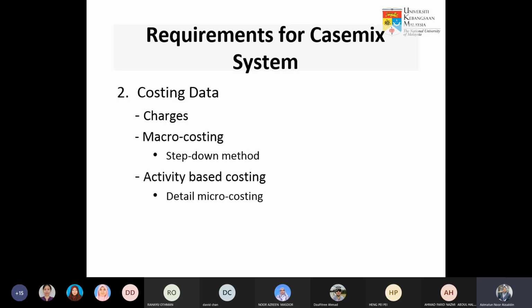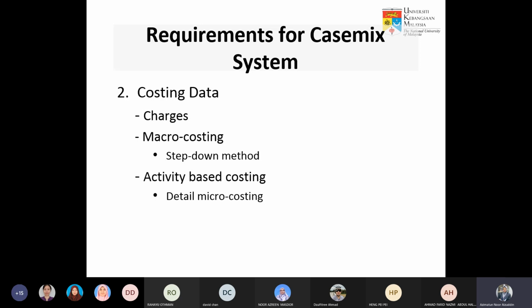Next data, of course, because dia relate dengan financing, so the second data is a costing data. So selalu kita sebut tentang charges. Walau bagaimanapun itu yang tadi saya sebutkan kepada provider payment mechanism dan sebagainya, itu ada kaitan dengan charges, claiming dan sebagainya.